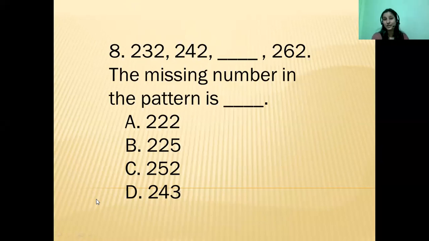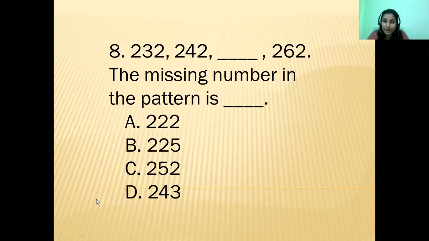You are smart enough. 232, then 242, then blank, and 262. When I notice, I think the tens place is changing. Other things are the same. Now, what should be there in the blank?